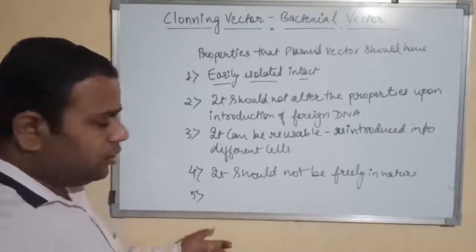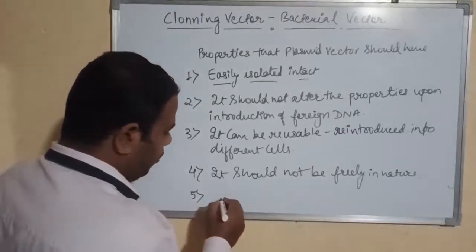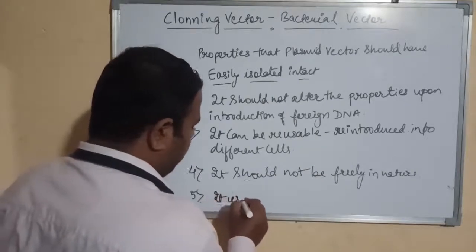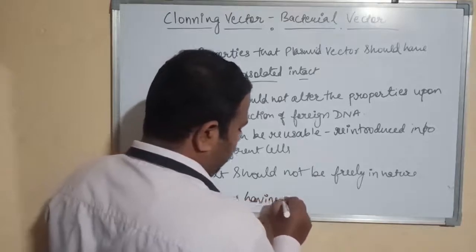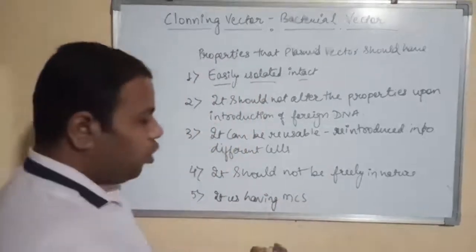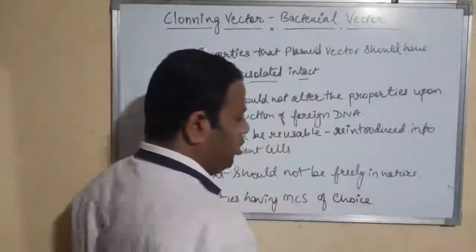Okay, the next property that a plasmid vector should have is that it is having multiple cloning sites. So there should be multiple cloning sites of choice. Means what?